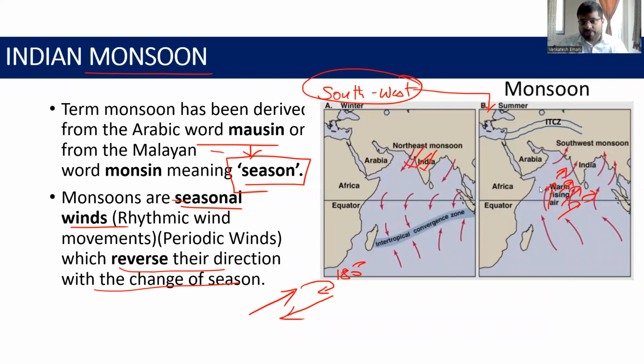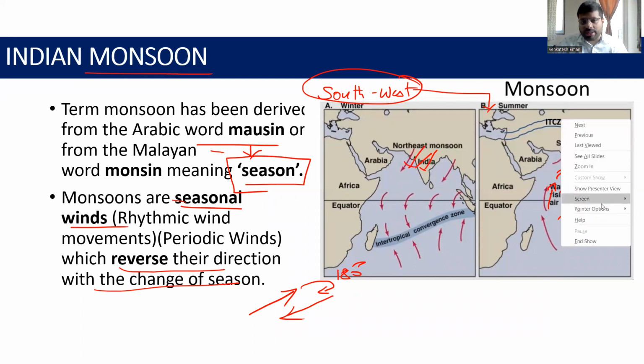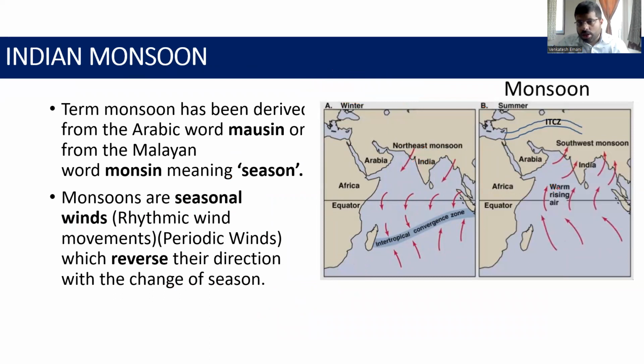As you can see in the picture on the right-hand side of the screen, there is the southwest monsoon shown in the summer, where the air is entering the Indian landmass from the ocean, right? Whereas on the left-hand side of the picture, you can see the winds are moving from land to water.